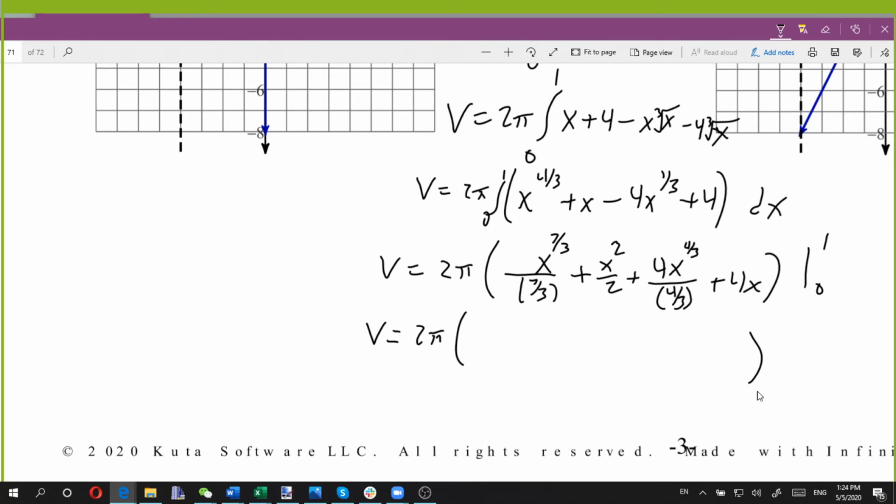3x to the 7/3 divided by 7, plus x squared over 2, plus 12x to the 4/3 power over 4, and I'm going to plus 4x.